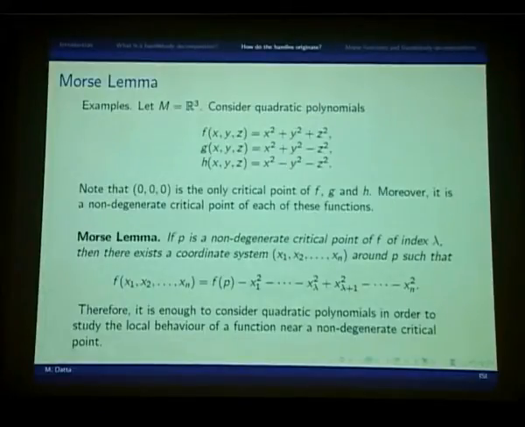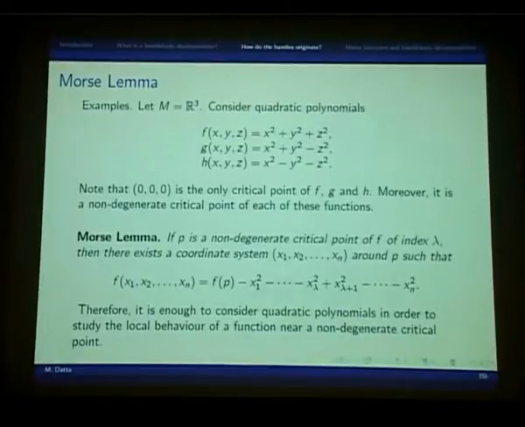In the case of g, it will be diagonal 2 2 minus 2, and in the case of h, it will be the diagonal 2 minus 2 minus 2. So, the index of f at the point 0 is 0, of g it is 1 and of h it is 2. Now, why are we just considering these very simple examples?